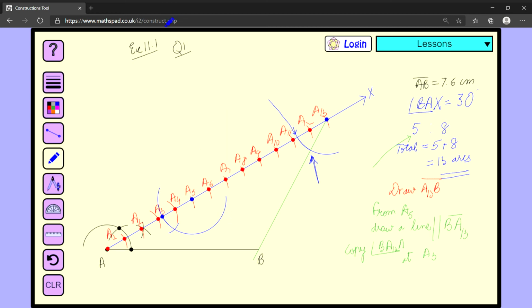I would like to join point A5 with this intersection and produce it further to meet the line segment at a point. For this I'm going to use my ruler, and you'll be able to see that the line segment actually is parallel here. I'm going to draw the line segment right through this point.